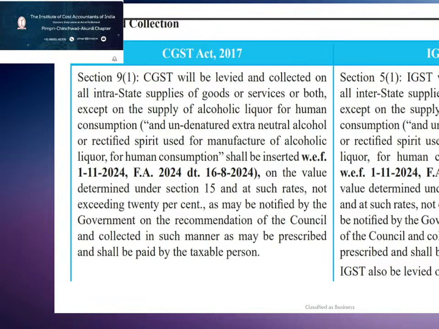Then 9 and 9A are similar: services by an author by way of transfer or permitting the use or enjoyment of copyright relating to original literary works to a publisher. In that case, the publisher located in the taxable territory has to pay the GST.